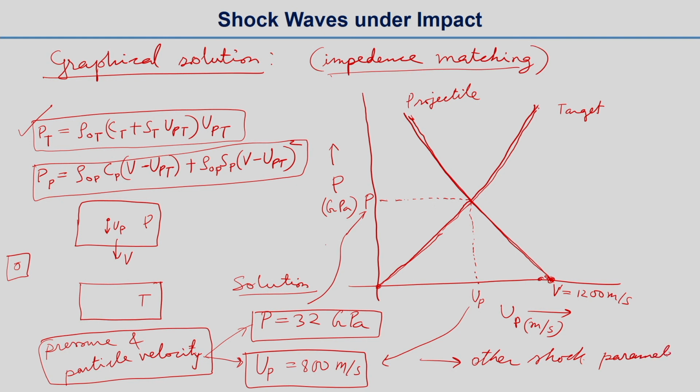What are the other parameters? As we know, we have a total of 5 parameters, and the other parameters will be shock wave velocity Us or the internal energy E. So, these we can find out.